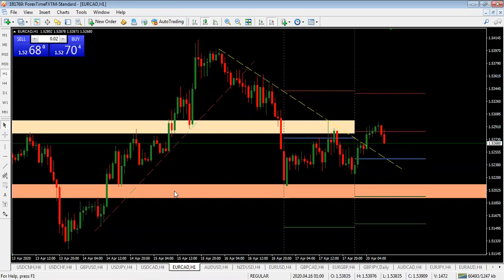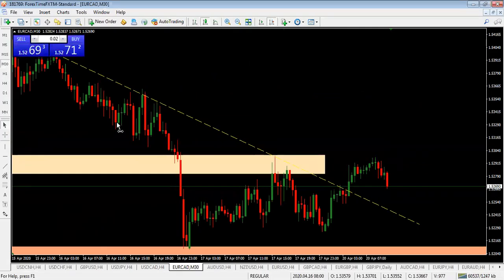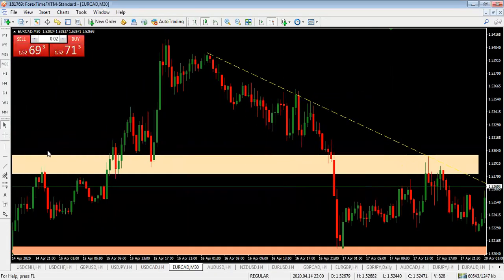For the euro card, all right, you identified a pattern here, a running flat. So Friday, early morning, by running flat here, lower time frame. Identify the running flat, which was here.